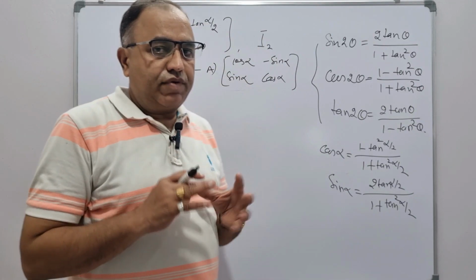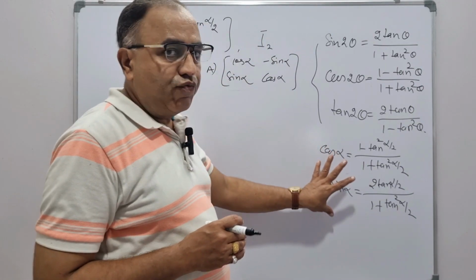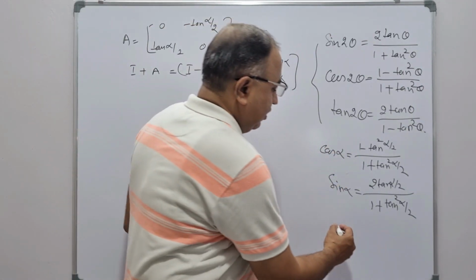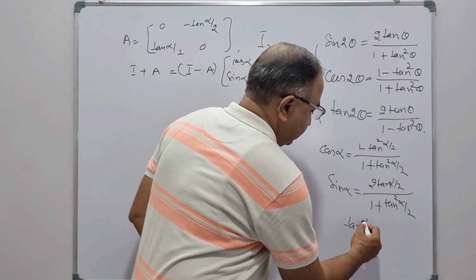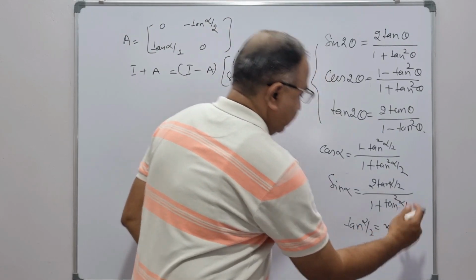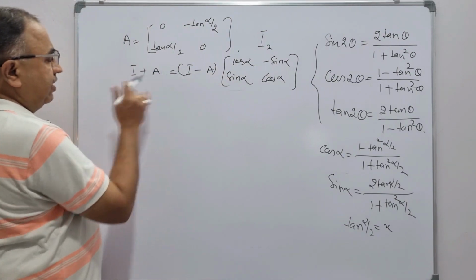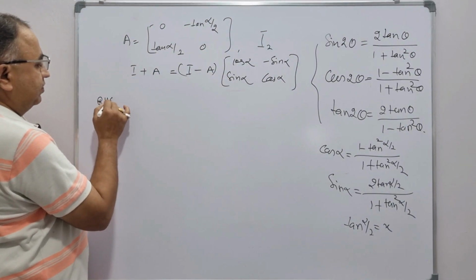Now to simplify this question, what you can do here, you write these two formulae and then assume tan alpha by 2 as x. So these two identities we are applying, so better to start from the right hand side.